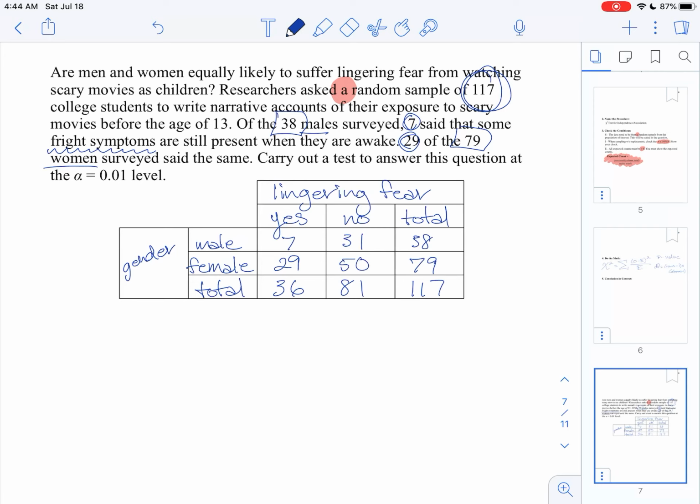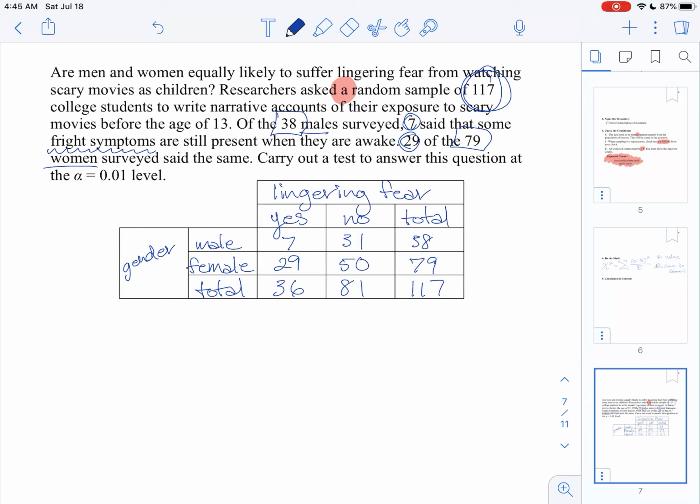So then what are the steps we need to walk through? What is our first step? Yep, state our hypotheses. So what would our hypotheses be for this? This one didn't say either association or independence. I might use the word association, but I could write it as independent as well.